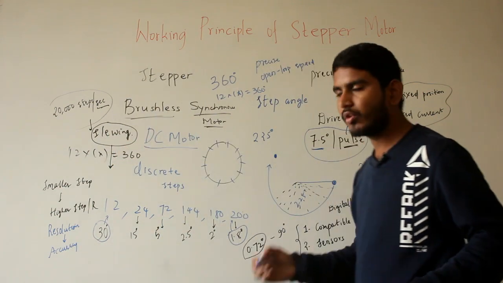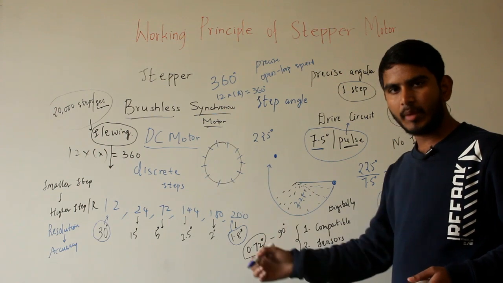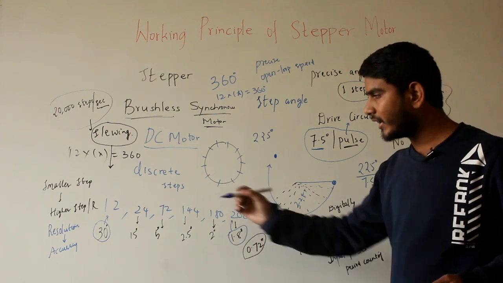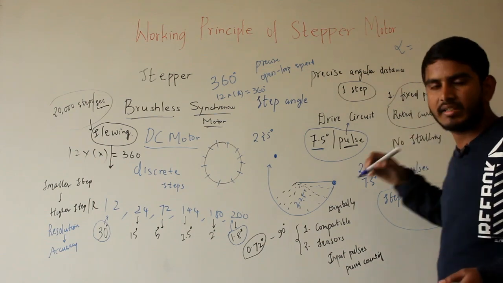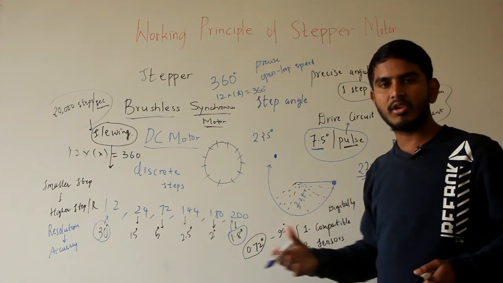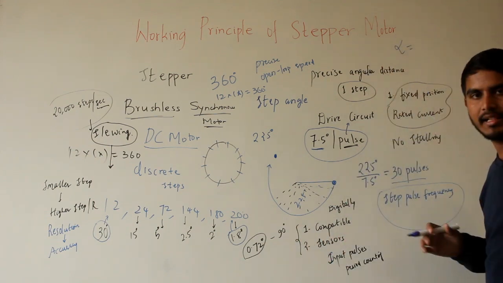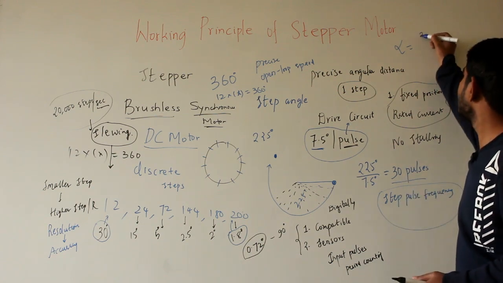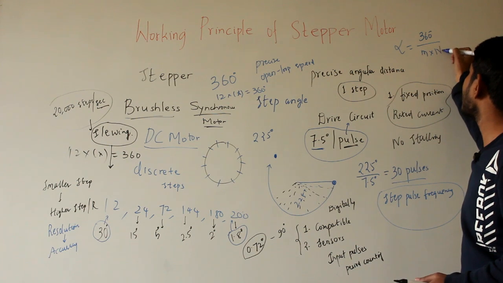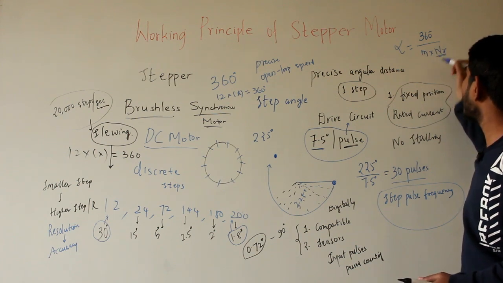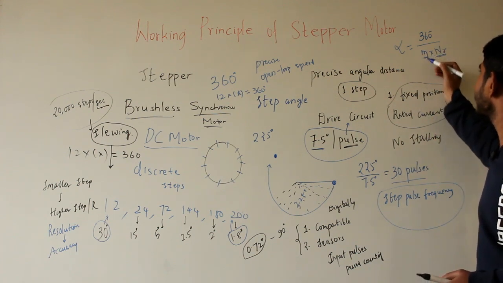Now the mathematical expression for finding the step angle: if you have the number of stator phases and the number of rotor teeth, then the step angle alpha is given by 360 degrees upon m into nr, where nr is the number of rotor teeth and m is the number of stator phases.